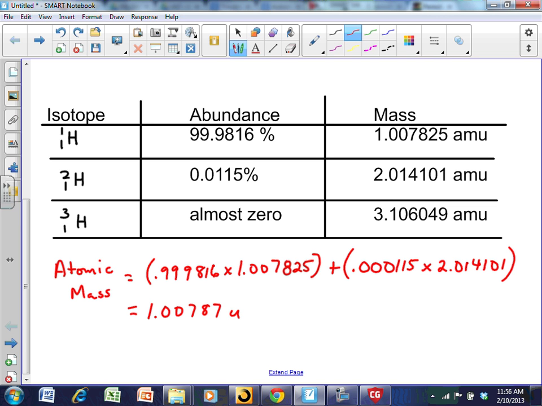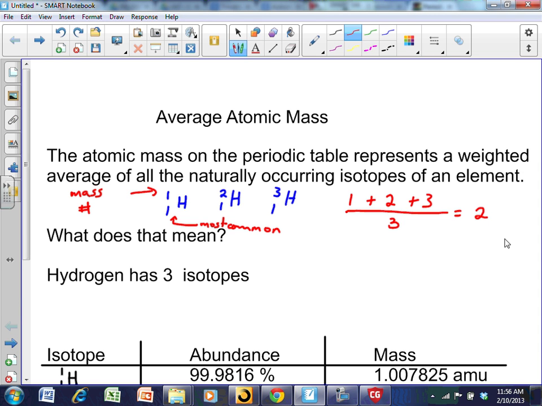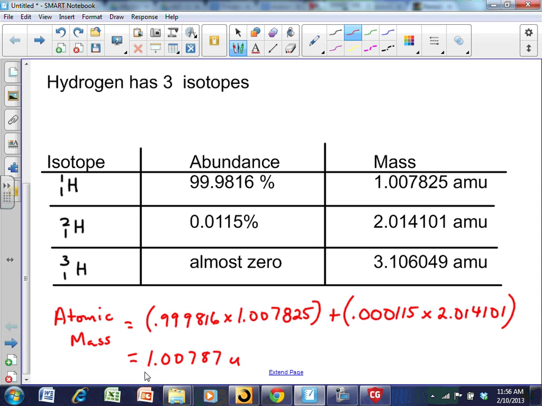Remember, the symbol for U is AMU, which is, for all practical purposes, the number on the periodic table, 1.008. You can see that our answer was pretty much 1.008. So that's where the number on the periodic table comes from.